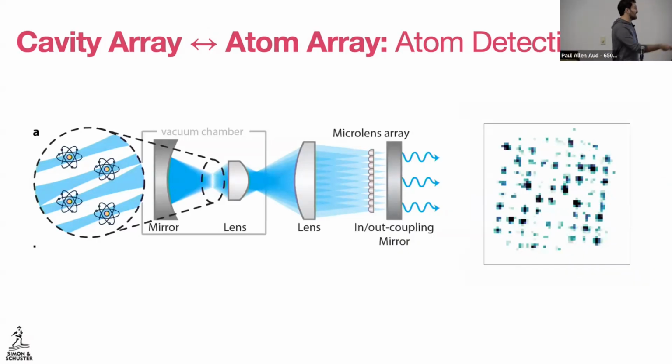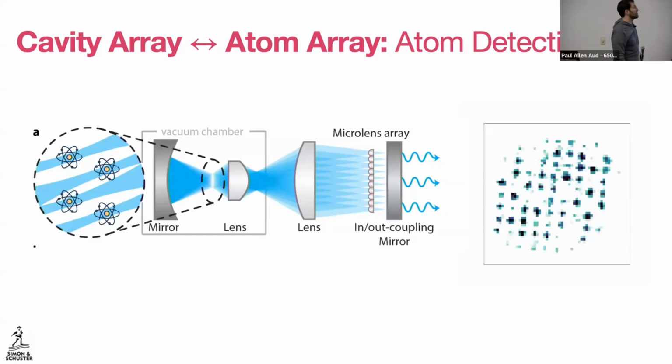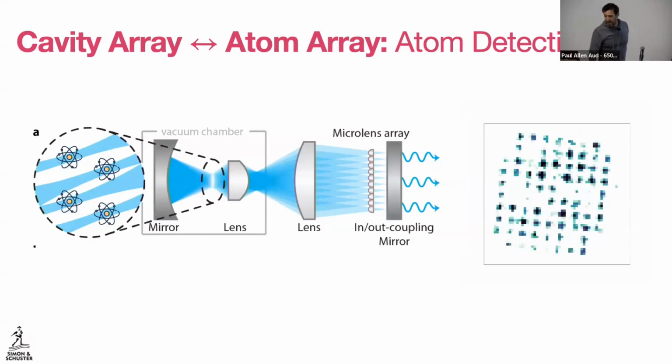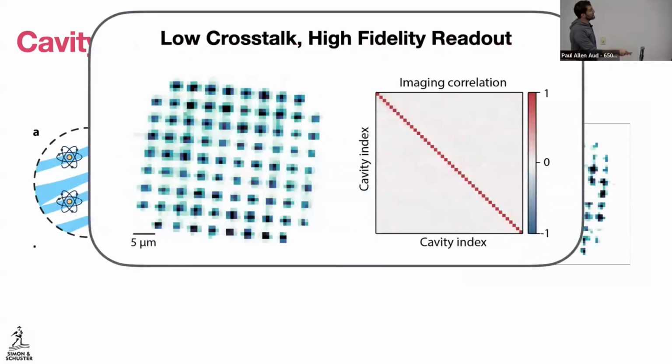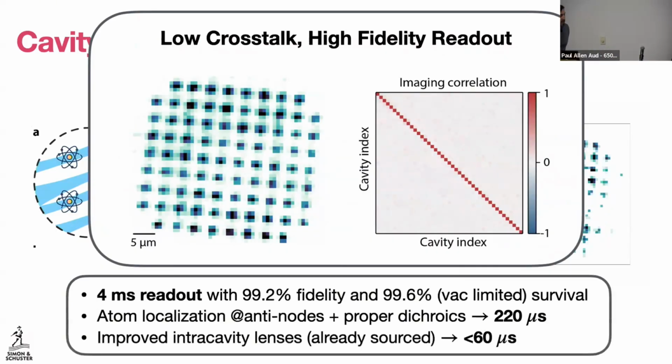We project that this current system could get down to a couple hundred microseconds. But the good news is we were very worried about cross-coupling between the cavities and the optics. That is not a problem at all. This just really works exactly as you expect it to.